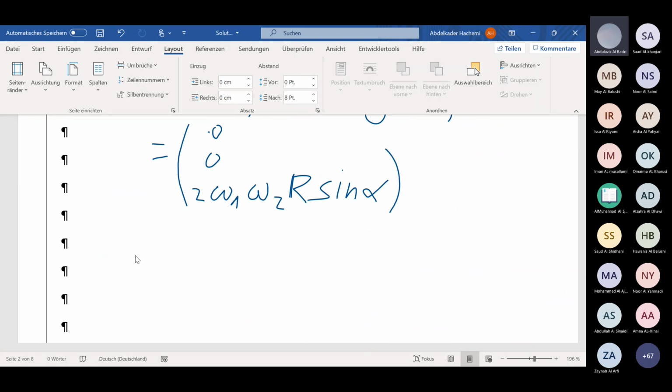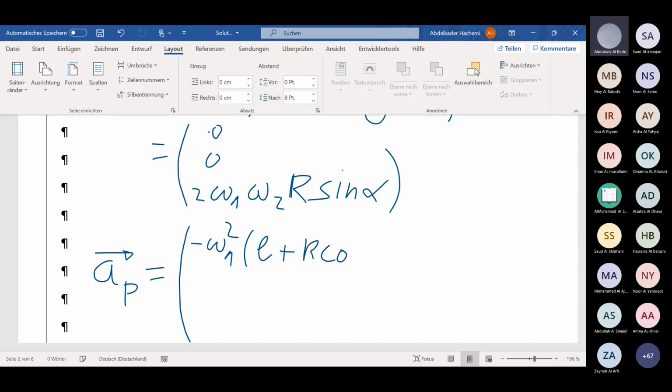Then if we make so, we get A P equal to minus omega 1 square multiplied by L plus R cosine alpha, minus omega 2 square R cosine alpha.